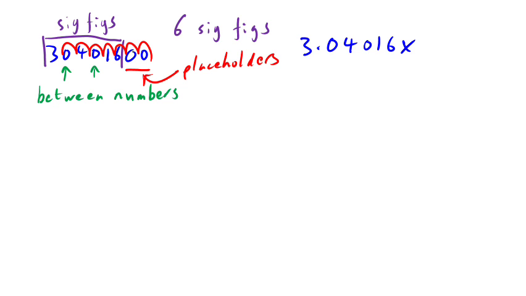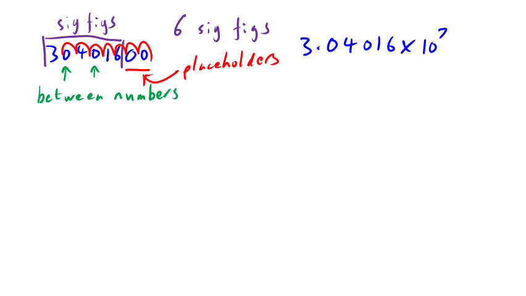So that means we have to say times 10 to the 7. And that'll put the 3 back in there. And we can see our significant figures are quite clear there. Those 2 zeros, we assume, unless we're told otherwise, are placeholders and not significant figures. But the 0 between the 3 and the 4 and the 0 between the 4 and the 1, they are between numbers. They are part of the significant figures.